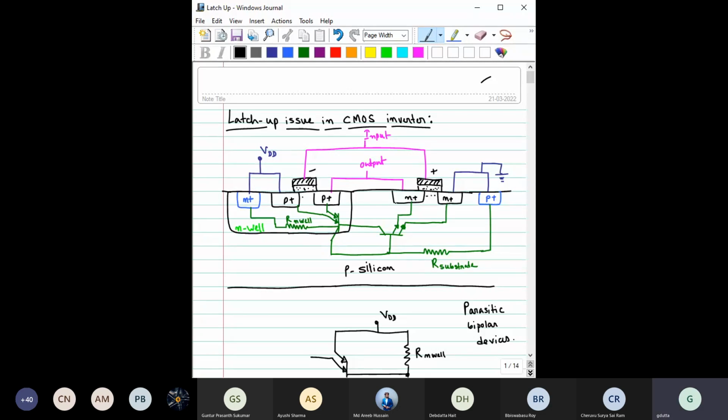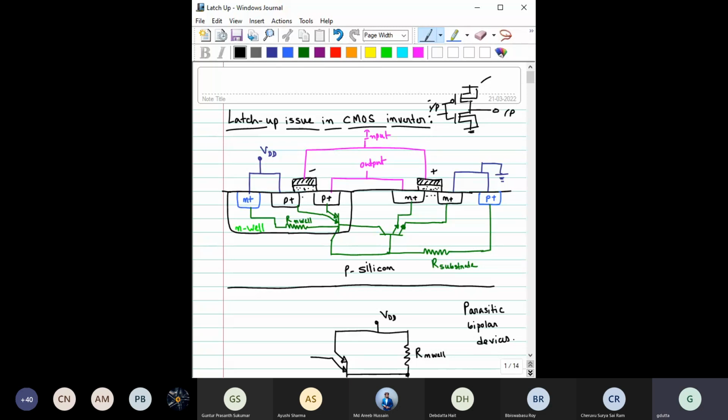Now, if the structure is like this, then you have to make an inverter. So how does this inverter look like? PMOS, NMOS, inputs are connected, right? Are you getting this point? This is input, this is output. So inputs are shorted. This is input, gate. These two are shorted.